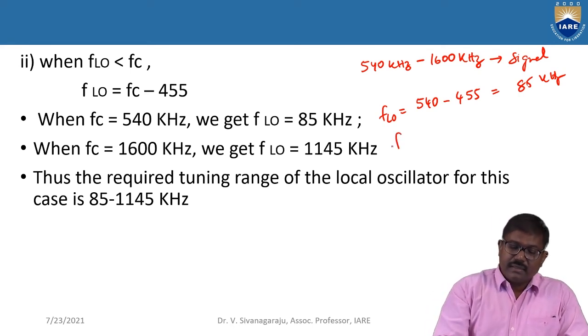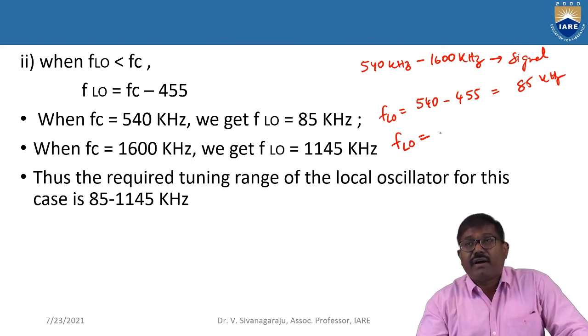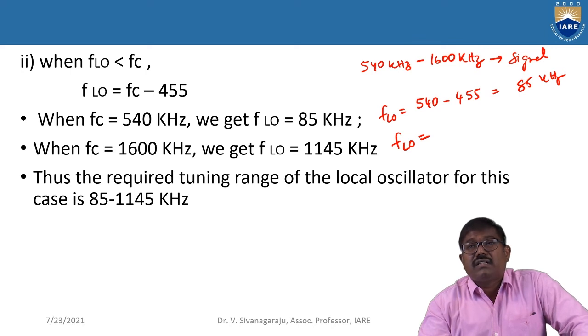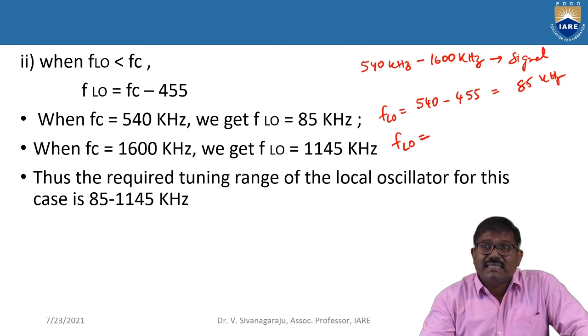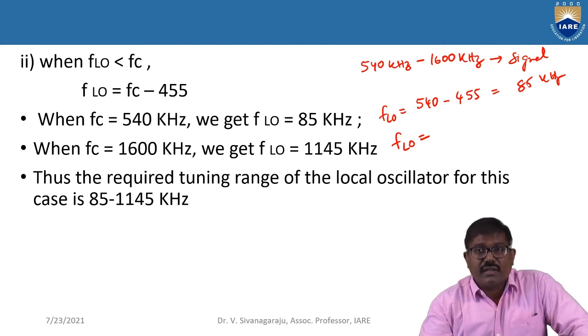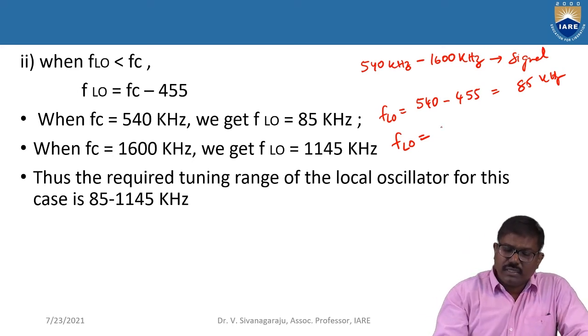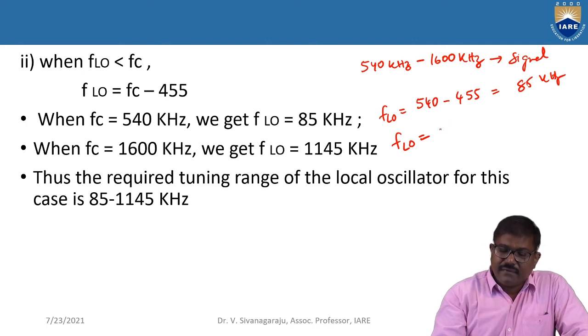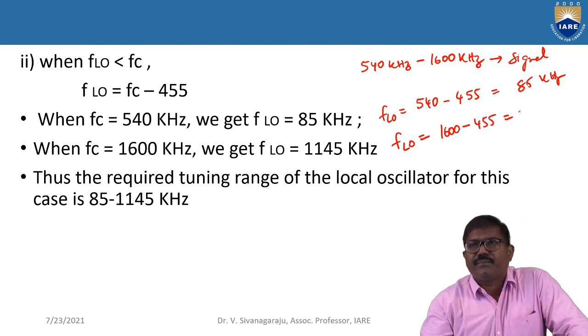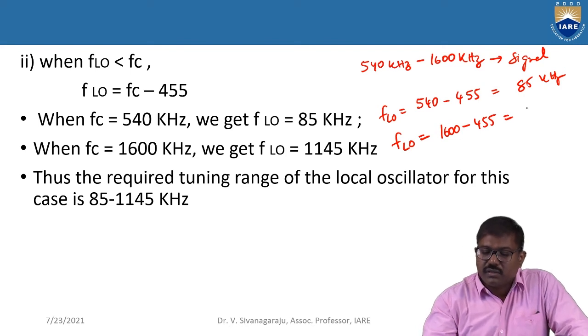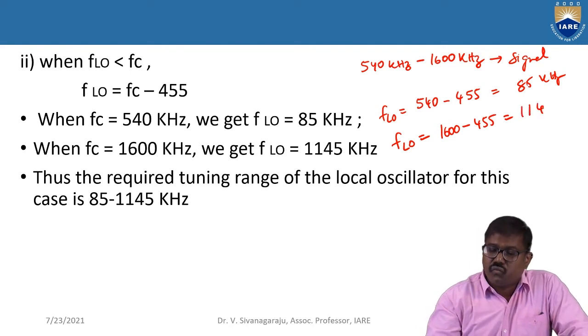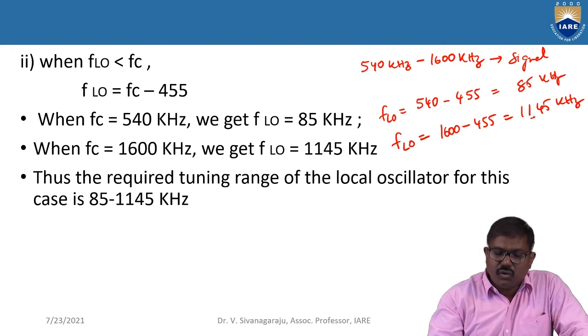And again, the signal tuning range is from 540 to 1600 kilohertz. First we found for 540 kilohertz, now the second one is 1600 kilohertz. So here FC is 1600 kilohertz minus 455, which gives 1145 kilohertz.